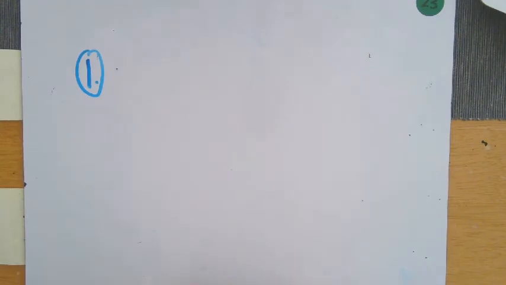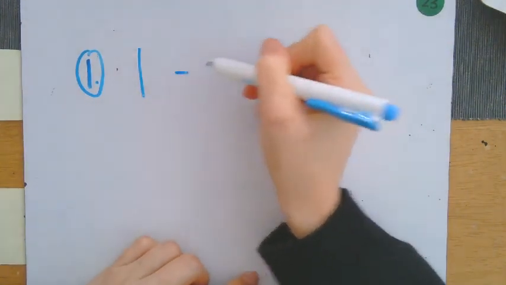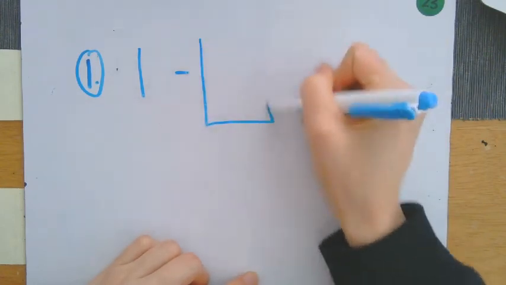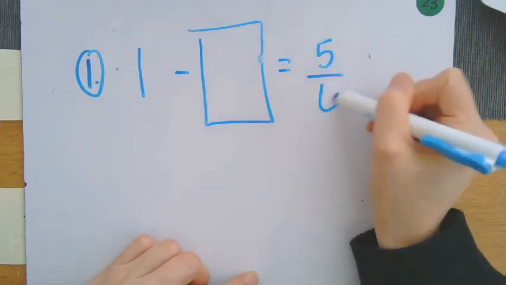Okay, so there are a couple different ways that you can show your work, and we can talk about that more, I think, tomorrow. All right, first one, subtraction, is going to be 1 minus something equals 5/6.